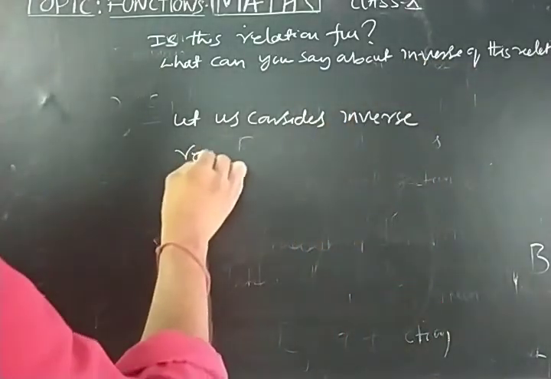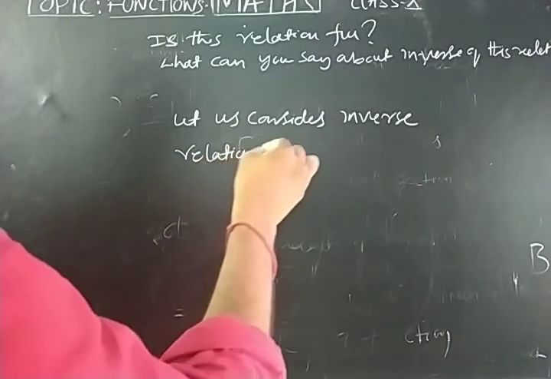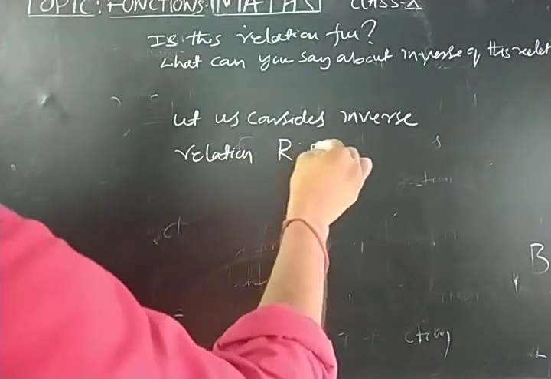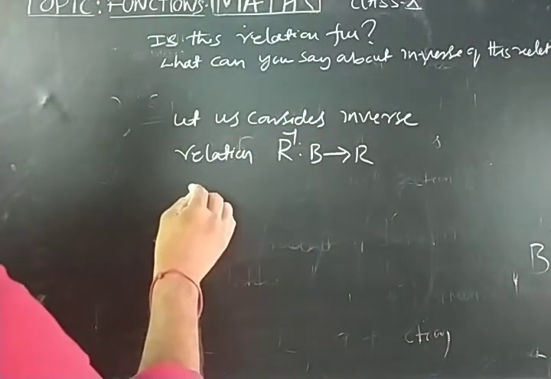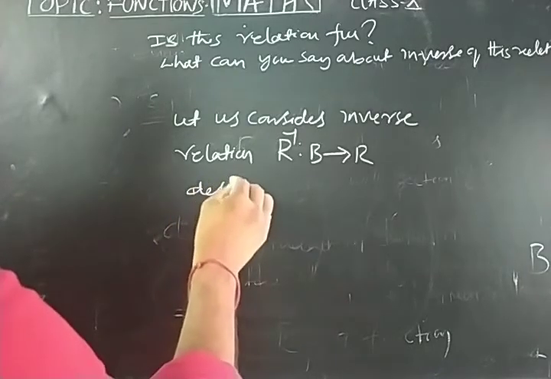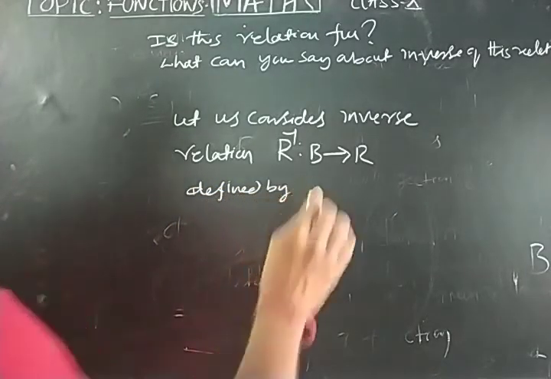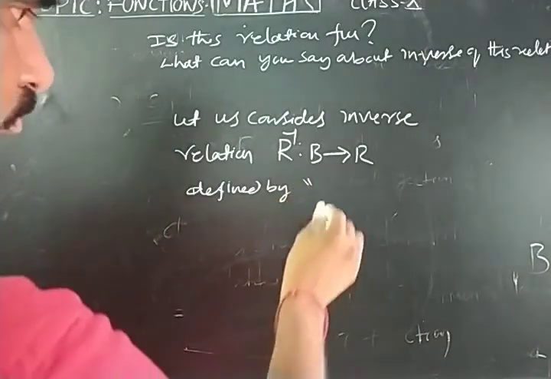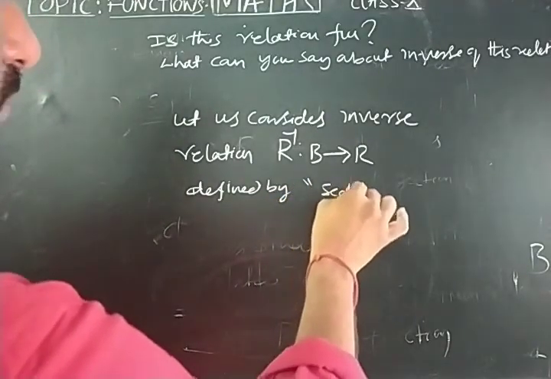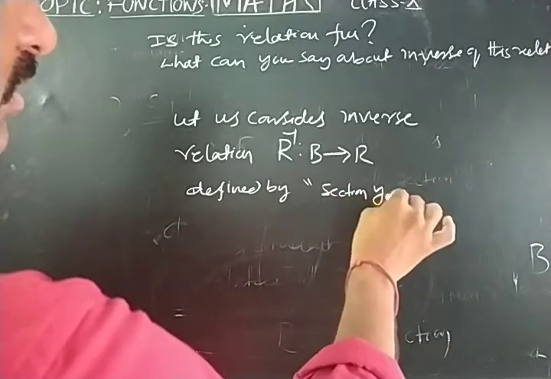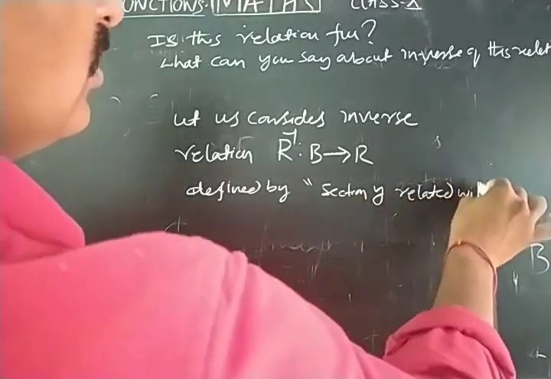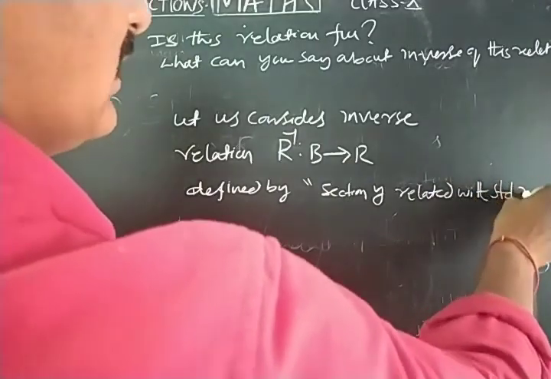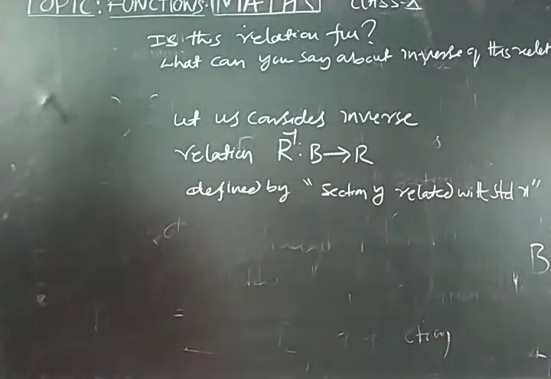The inverse relation is defined from B to A. It is denoted by R inverse and defined by section Y related with student X. This is the definition.